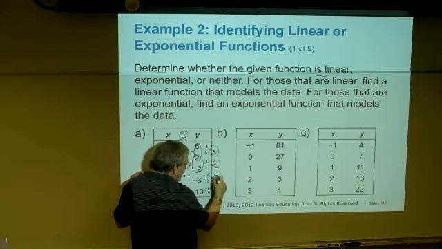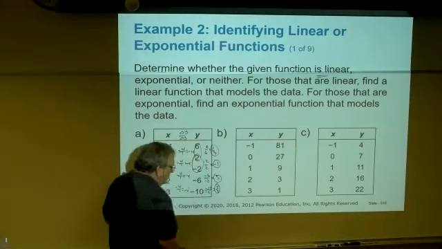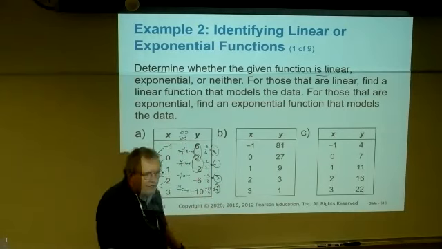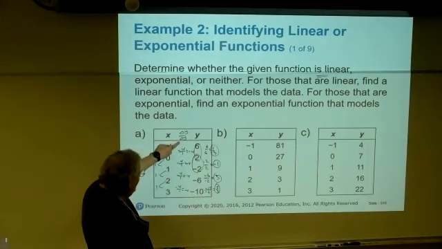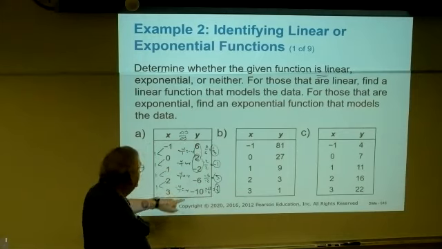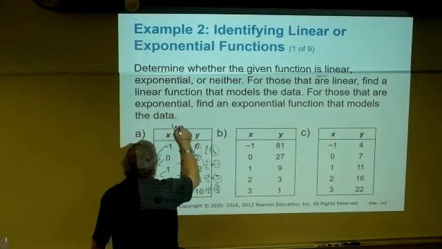None of these are the same. They all have to be the same for it to be linear. The average rate of change needs to be the same for it to be linear. So this one is not linear.